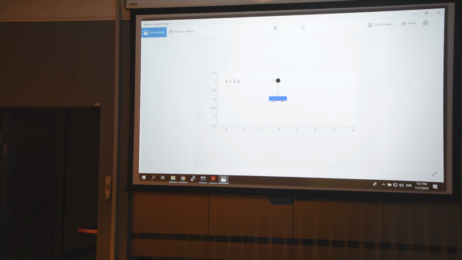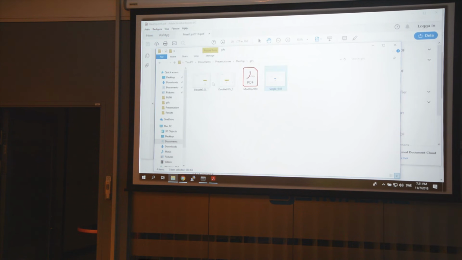It's done with the deep learning regulator. And then there are two animations of double inverted pendulums with two different initial values, you will see.